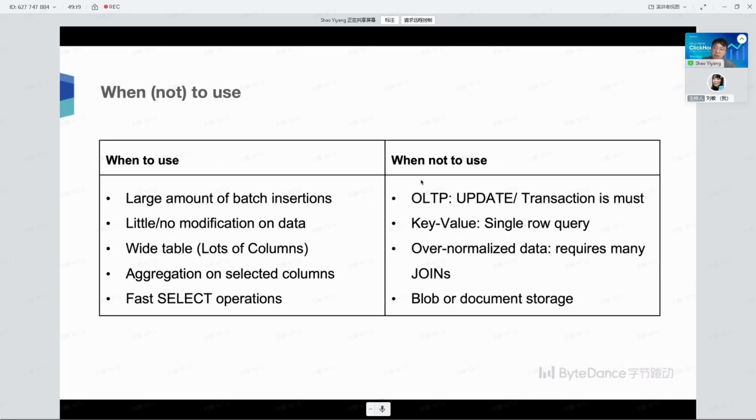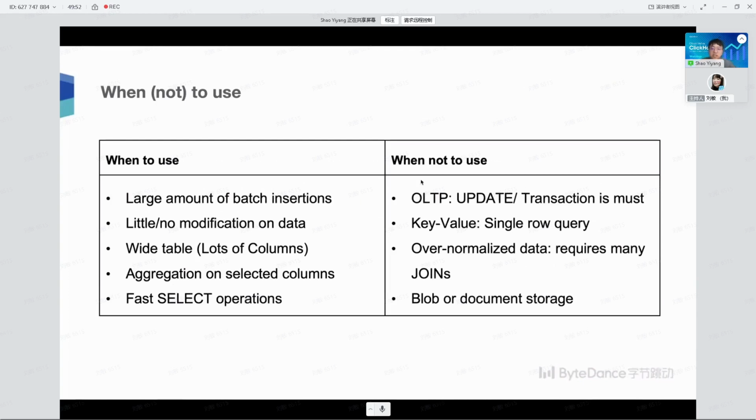And if you have almost over-normalized data, which you have already split into multiple tables, and for each single query you will require several joins between tables, then ClickHouse is not suitable for that. ClickHouse prefers a wide table with many columns. And lastly, blob and document storage. ClickHouse simply does not support that.